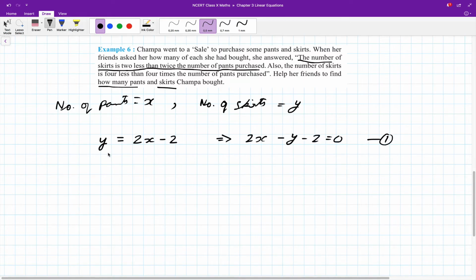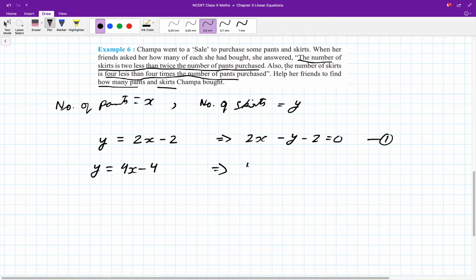Equation 1. Now the second thing that she said, also the number of skirts is 4 less than 4 times the number of pants. So 4 times the number of pants is 4x, and the number of skirts, that is y, is 4 less than 4 times the number of pants.